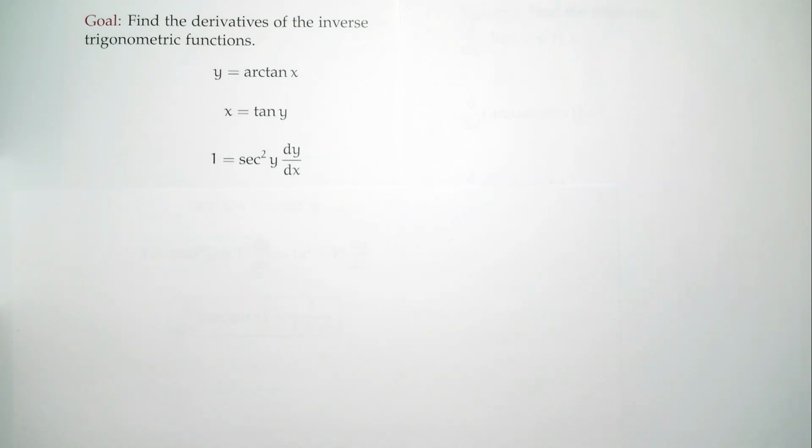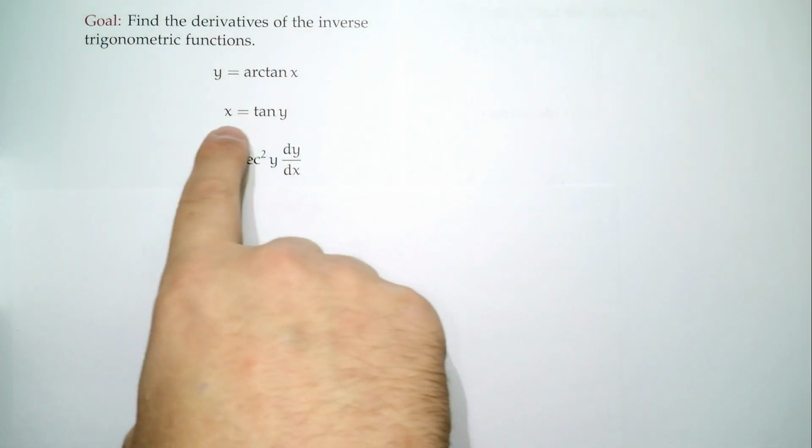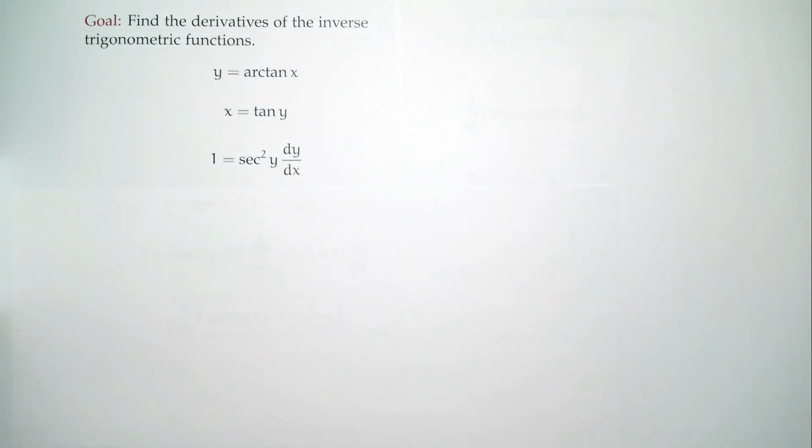So now we've got to put on our thinking caps. We say, well, secant squared y, if it was tangent squared y, that would be really cool. The reason I say tangent squared y would be cool is any time I see a tangent of y, I can replace that with x. So we start thinking, all right, trigonometry. We know there's a bunch of identities.